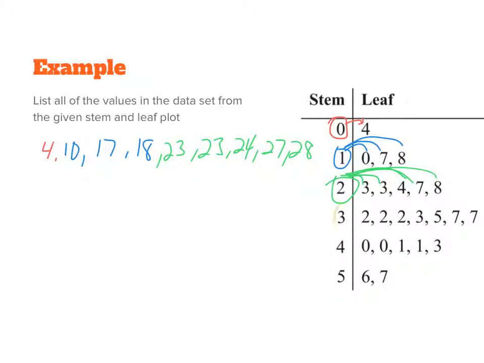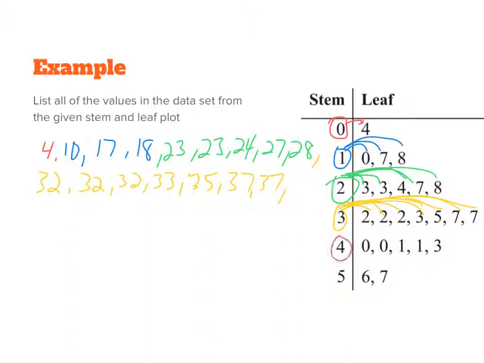For my stem of 3, I've got a leaf of 2, so I'm going to come down here, 32. Another 2, 32, another 2, 32, a 3, 33, a 5, 35, a 7, 37, and another 7, 37.